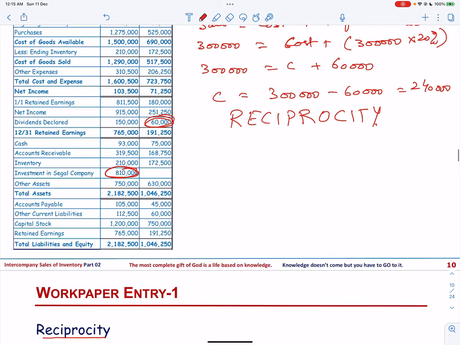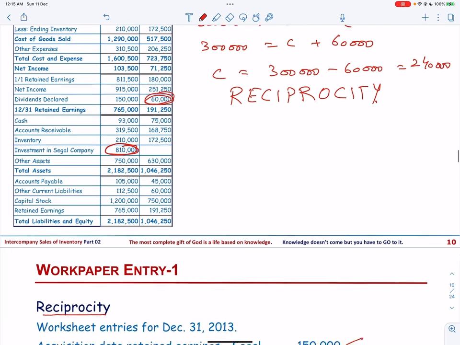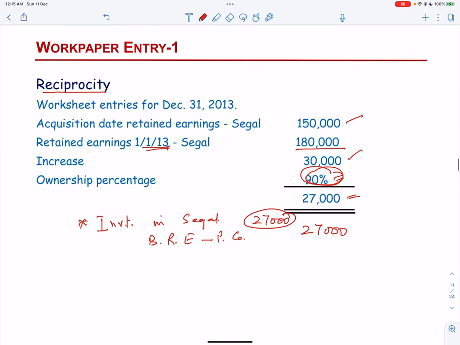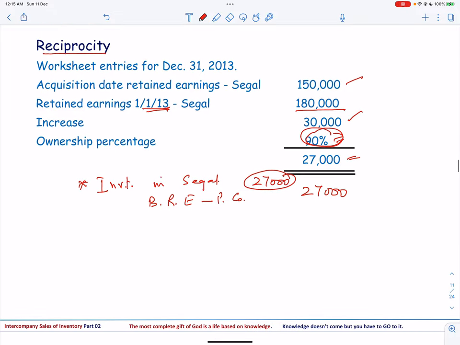So 810 plus 8 plus 27 is what we are going to eliminate. That will be 837.